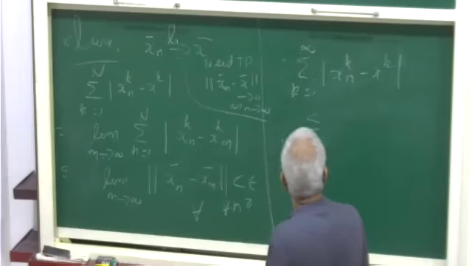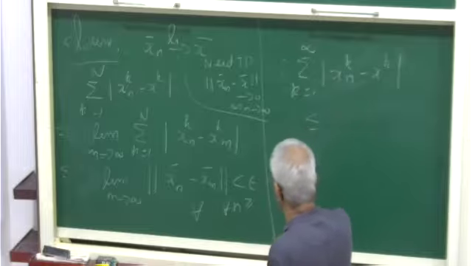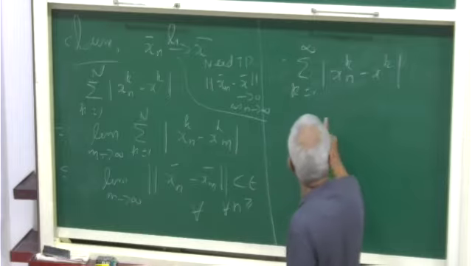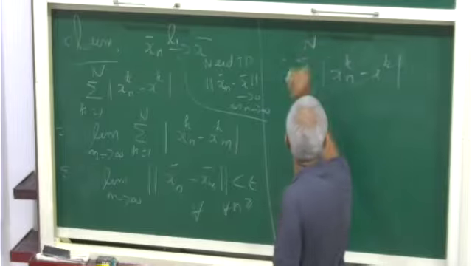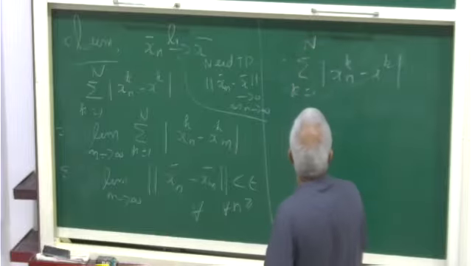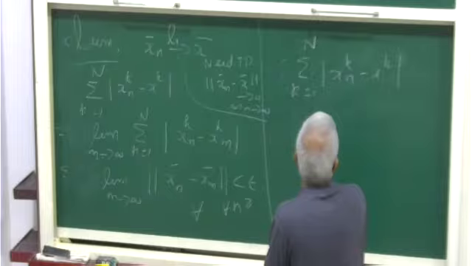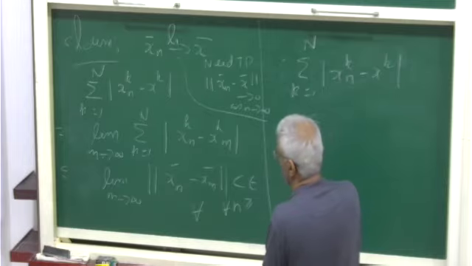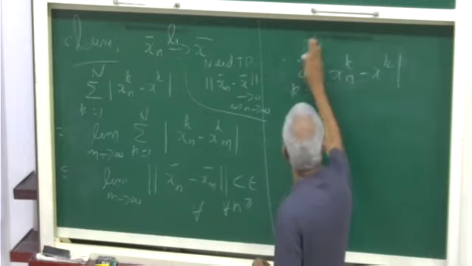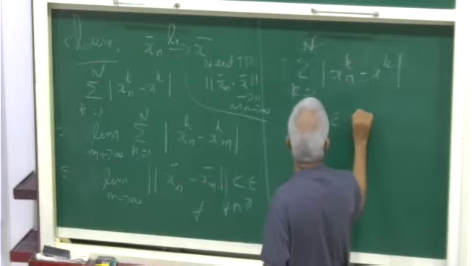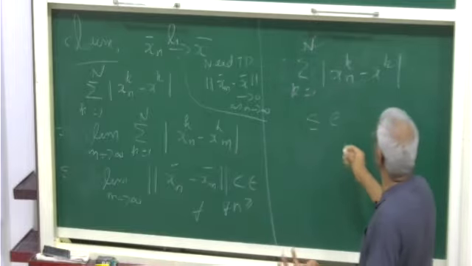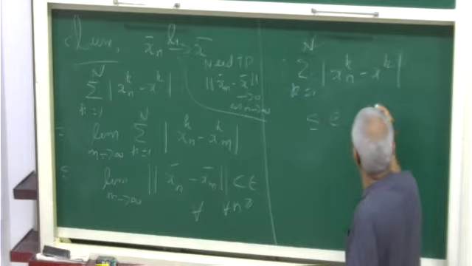Now you can take the inequality. Now this is capital N. Now this can be made up to this n. I keep the n as it is. This is less than epsilon for all.